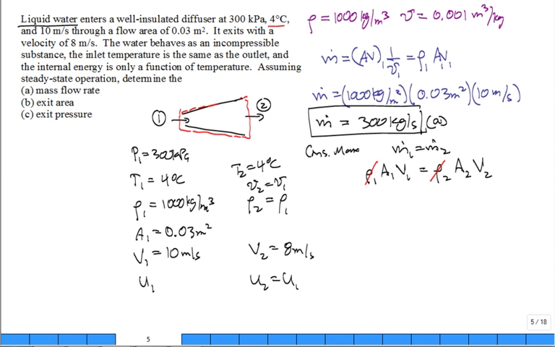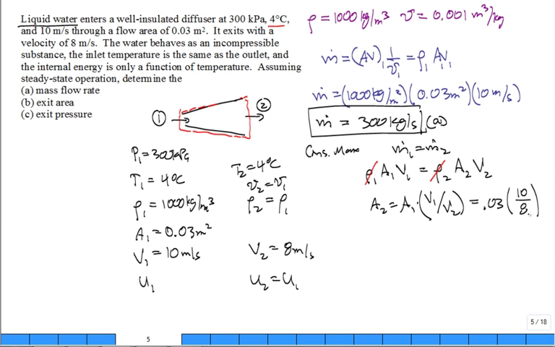So the exit area is equal to the inlet area times the ratio of the inlet to exit velocity. All right, so we're going to have 0.03 meters squared times 10 divided by 8.